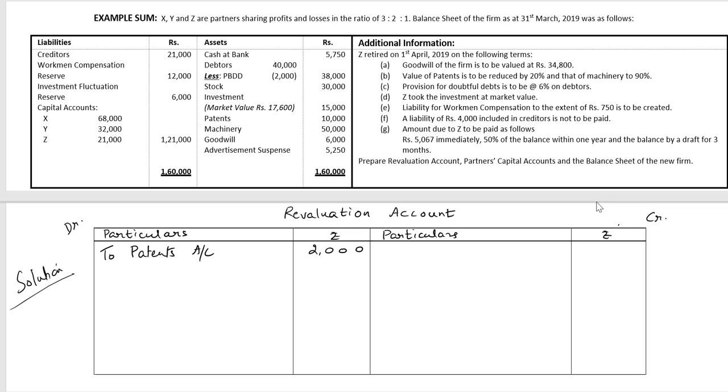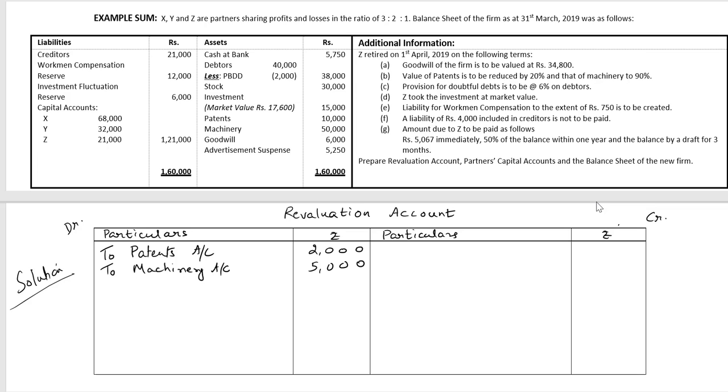And that of machinery to be reduced to 90%. So it needs to be reduced by 10%. So to machinery account, 10% of 50,000, 5,000 rupees.